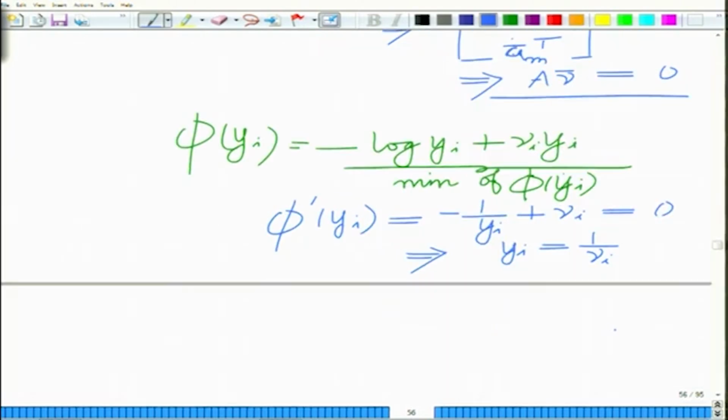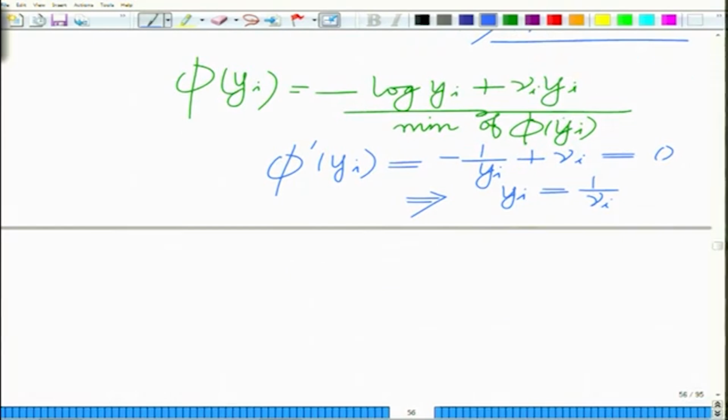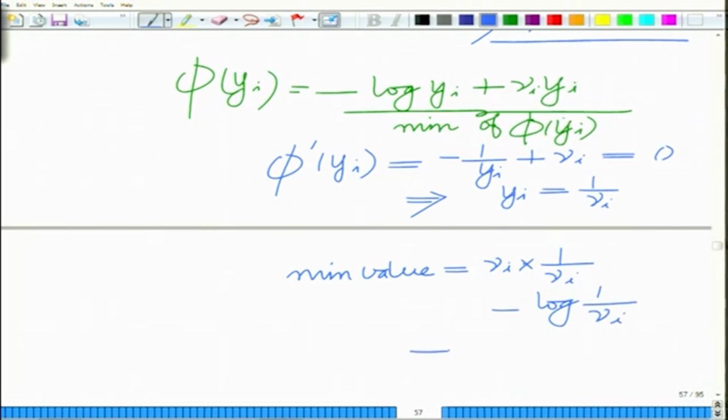And what is the minimum value? It equals nu i into 1 over nu i minus log 1 over nu i, which is basically 1 plus log nu i.